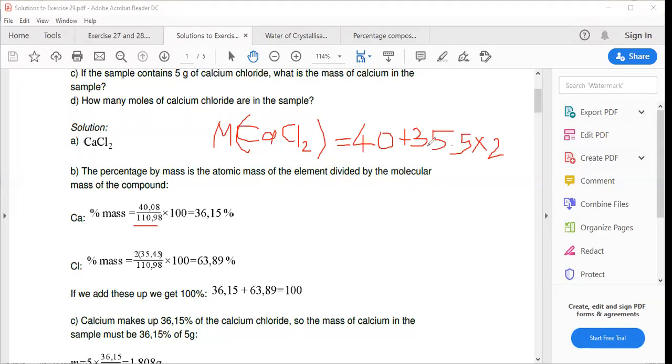So you guys are going to get how much here? It's going to be 35.5 times 2, that gives you 71. Plus 40, that gives you 111. So here you must have 111. Do you have that? 111, that's what you get here, no? It's 111 grams per mole.